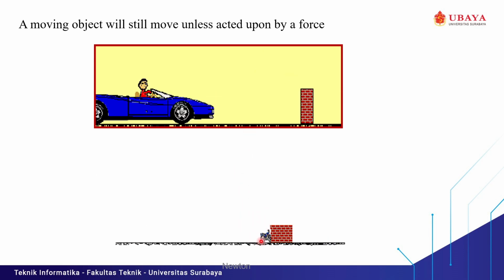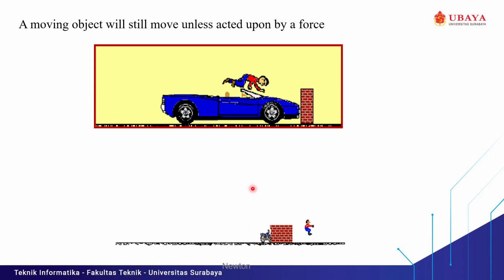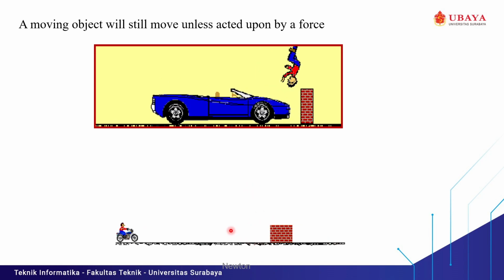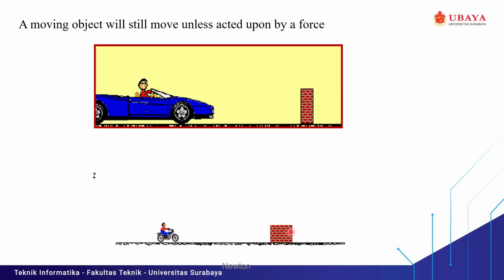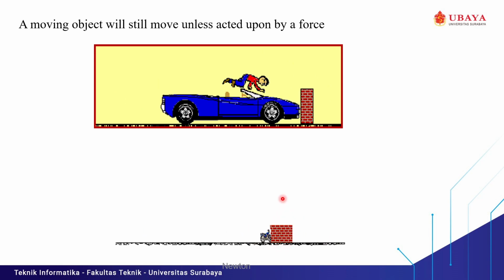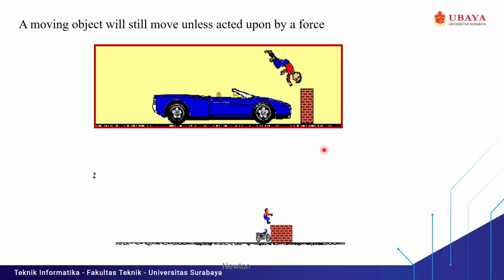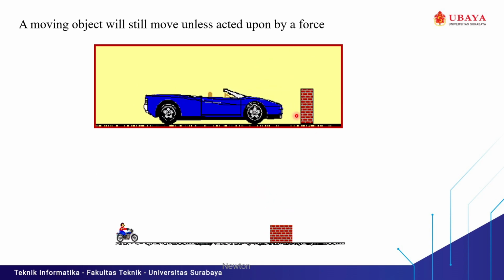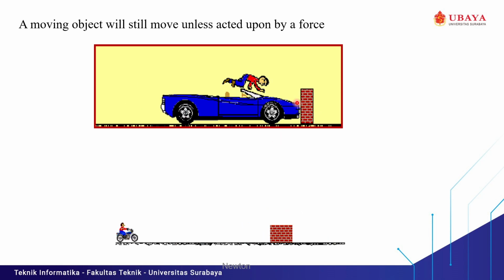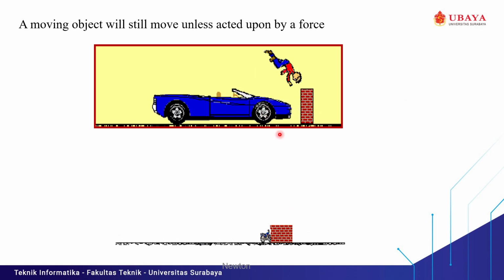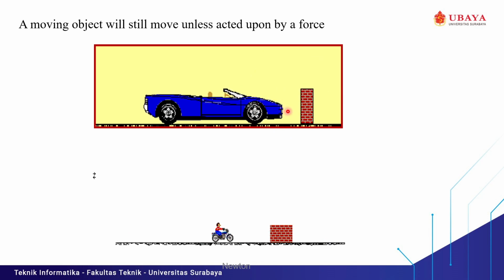In the second GIF, the motorcycle stops moving. Later we will talk about the third law: there are action and reaction forces acting upon this system, in this case the driver and the vehicle.